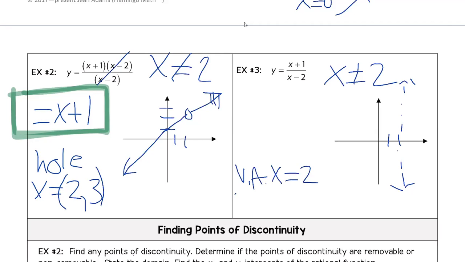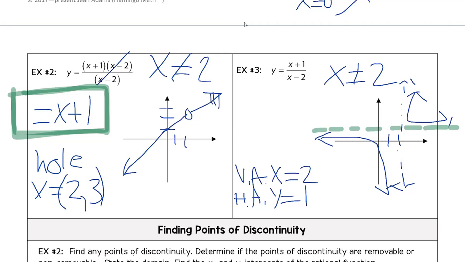I'm just going to tell you there's a horizontal asymptote at y equals 1. We'll talk about horizontal asymptotes later in the notes. I'm telling you this because if not, you really couldn't sketch this very well. We could plot some points, but basically, if you graphed it, it would look kind of like this.